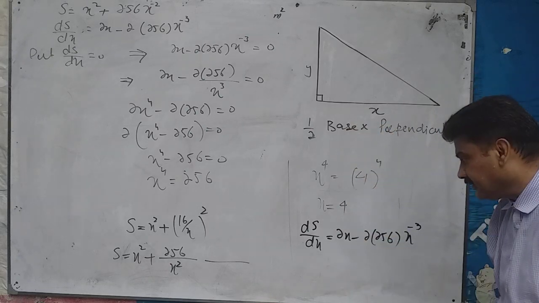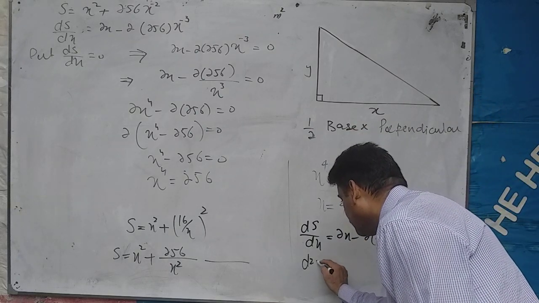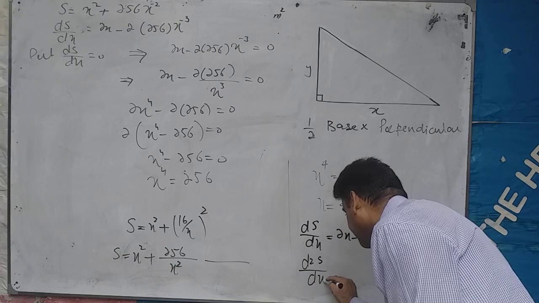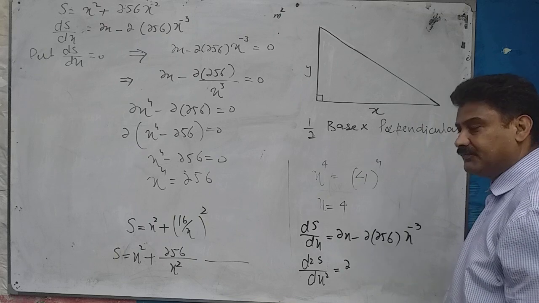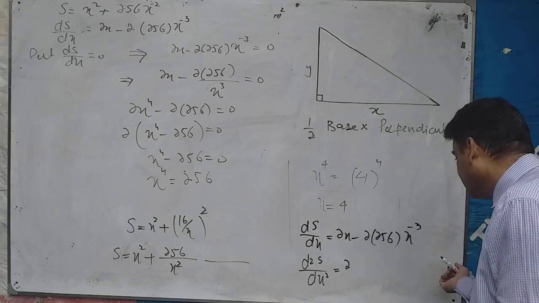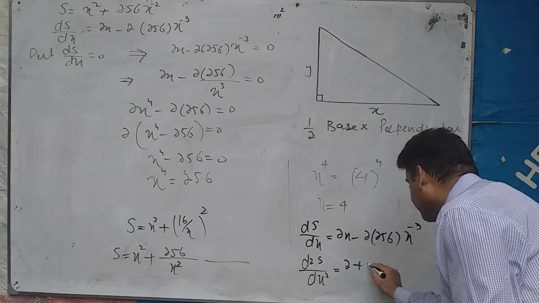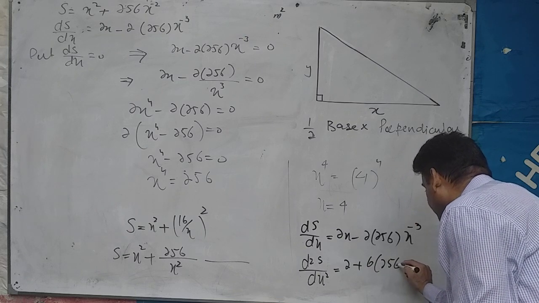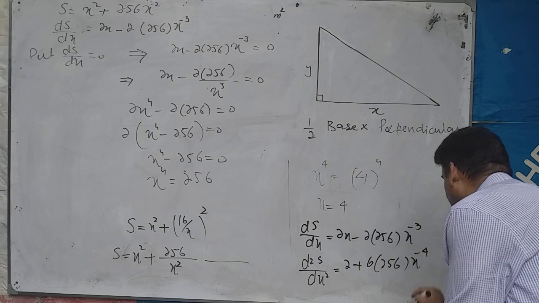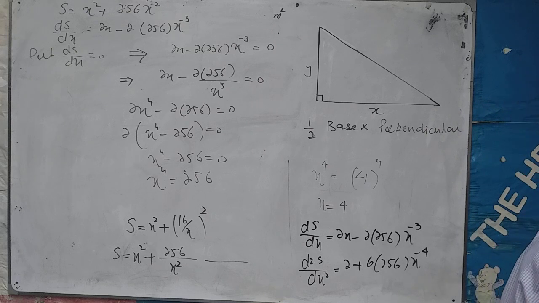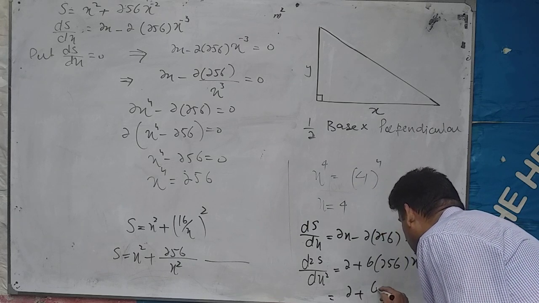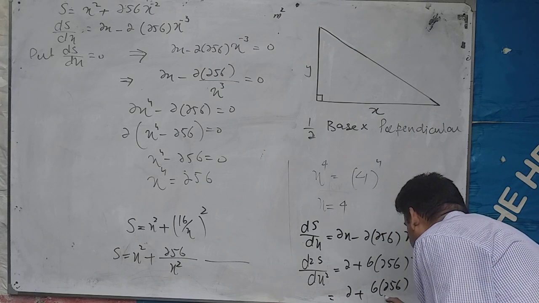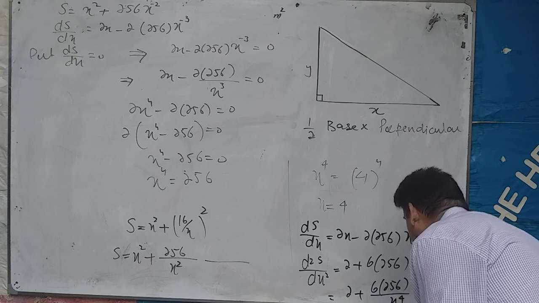By again differentiating we get d2S by dx square: 2 times derivative of x, which is 1, minus 3 multiply minus 2 we get 6 multiply 256 x raised power minus 4, which is 2 plus 6 multiply 256 by x raised power 4.